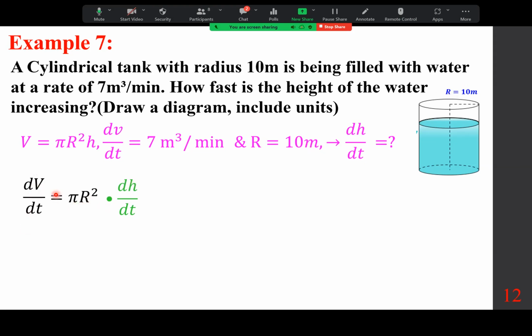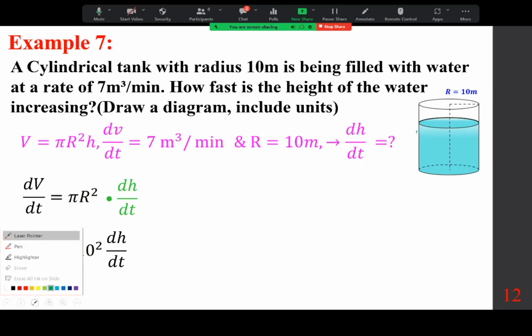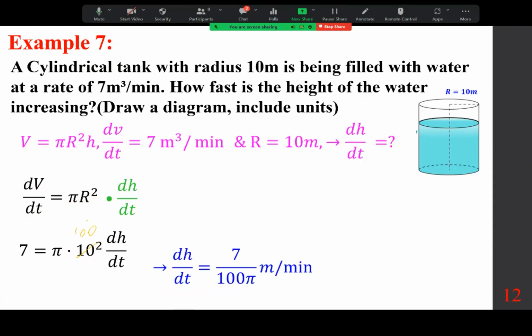So dv dt, replace it with 7. Pi, keep it. R, replace it with 10. And so obviously this is 100 pi, divided by 100 pi, and dh dt is 7 over 100 pi meters per minute. And this is an exact answer.